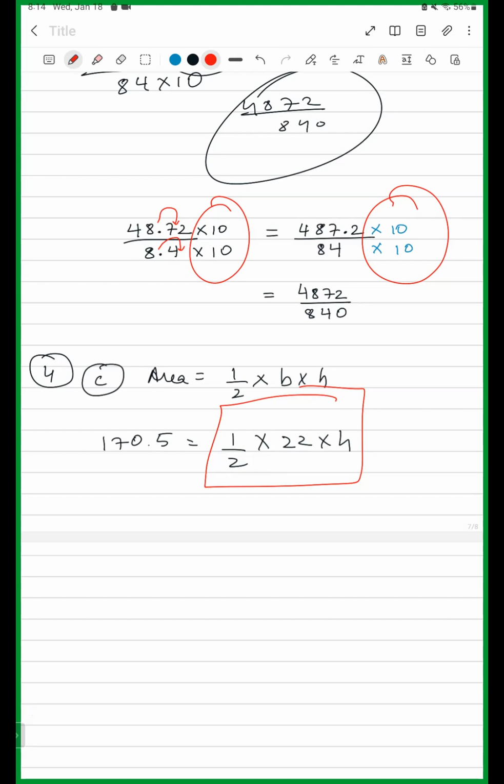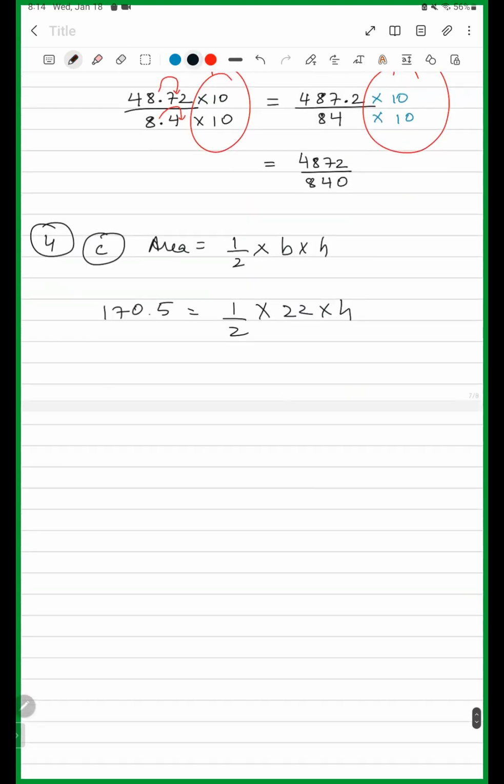That's all. What will you do? See, then what will happen is you will do this. You're going to do half into 22 into h is equal to, meaning you are spending time writing this entire thing. Writing all this also takes time. When you are writing your exam, you have to find out what is the quickest way to write your answer, because in an exam you don't have that much time.